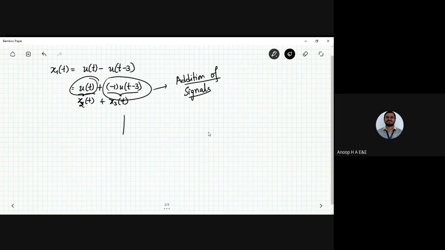Now, for the addition of signals, I need to plot x1 of t. So that is 1, 2, 3, and this one is 4.